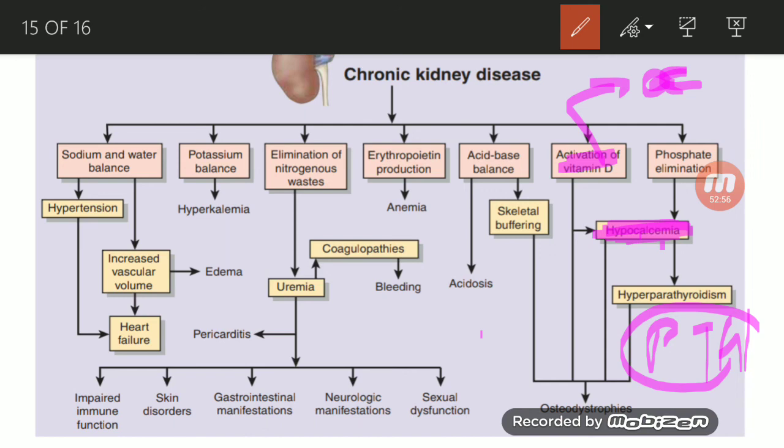So release of PTH causes your bones to lose calcium.